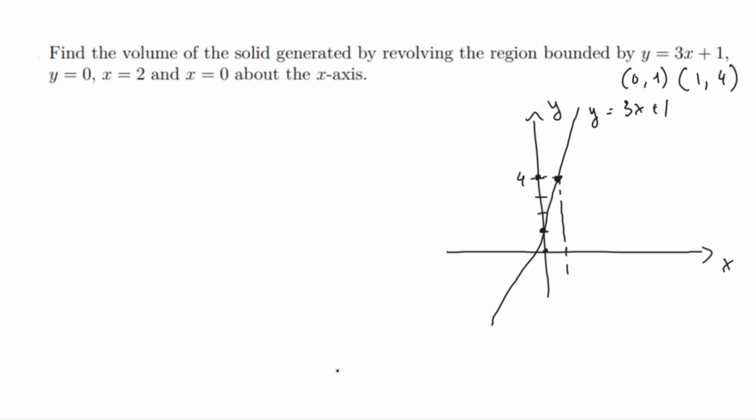We have to find the volume between this function and y equals 0. Y equals 0 is the x-axis. When x equals 2, y equals 7, so 5, 6, 7, this one.